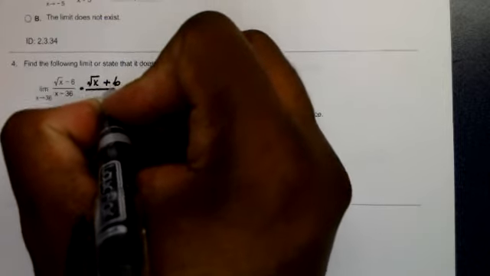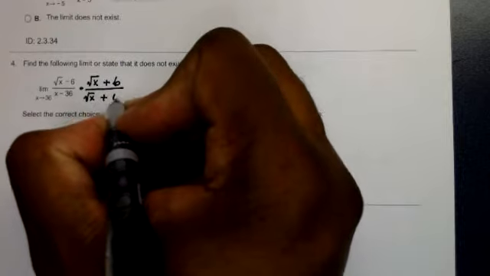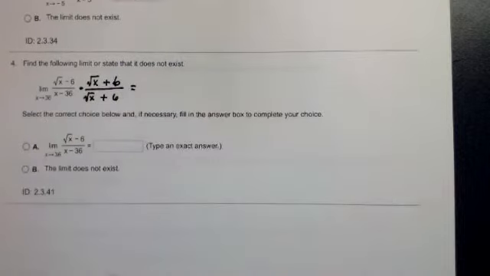So I'm going to be multiplying the numerator by the square root of x plus 6 and the denominator by the square root of x plus 6. Now, the reason why I'm doing that is this. In the numerator, I'm going to have a difference of 2 squares.